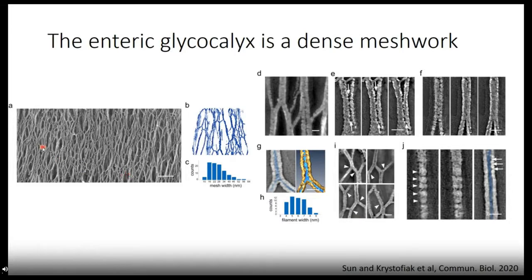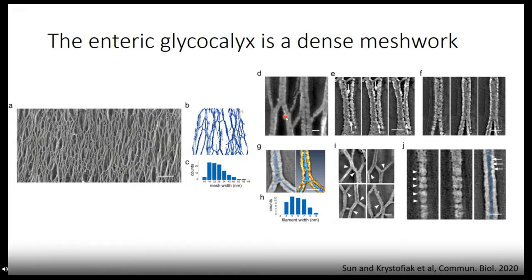We're also able to look at the mucin glycocalyx network and kind of characterize some of its sort of filter functions by looking at the mesh size. So this is sort of the pores that form in between this kind of complicated strand structure. And this is where you could get a comparison to something like a hydrogel. And we also were able to see how this mesh structure actually kind of forms.